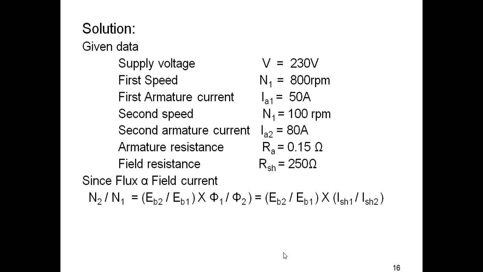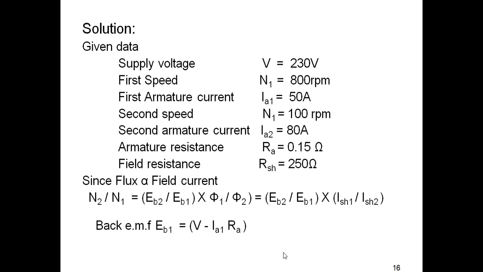But here it is given that the flux is directly proportional to field current, so we can replace phi 1 by ISH1 and phi 2 by ISH2, and to find the value of EB, we also already know that EB is equal to V minus IA RA.